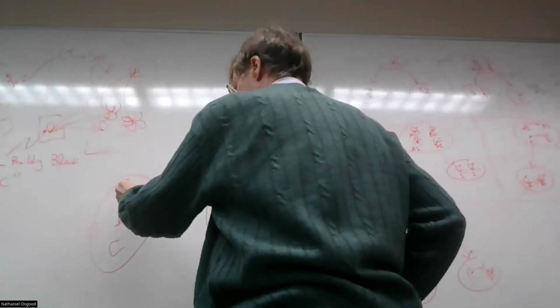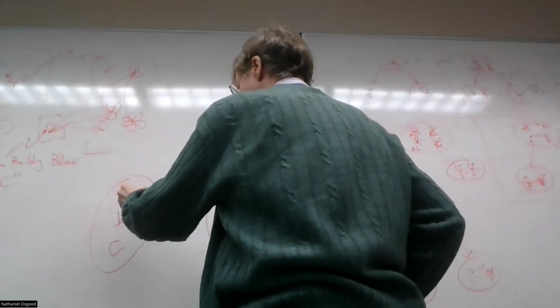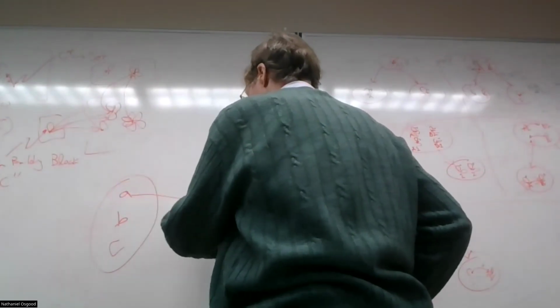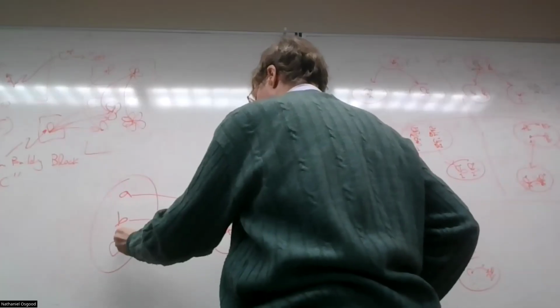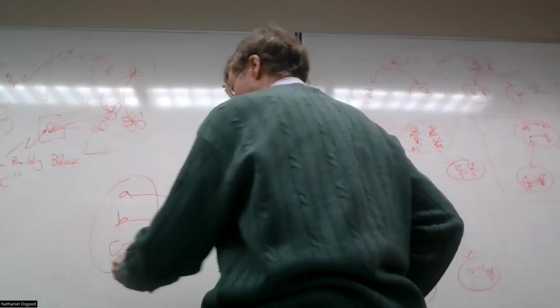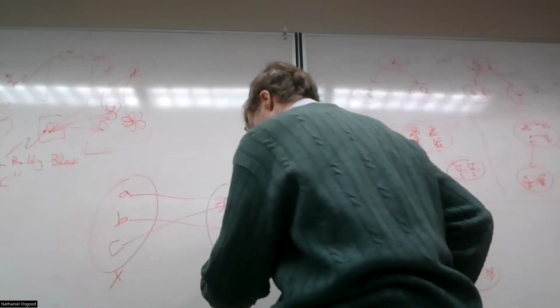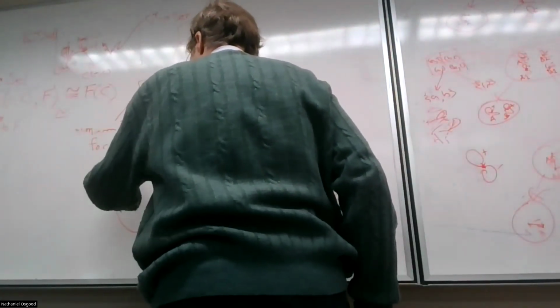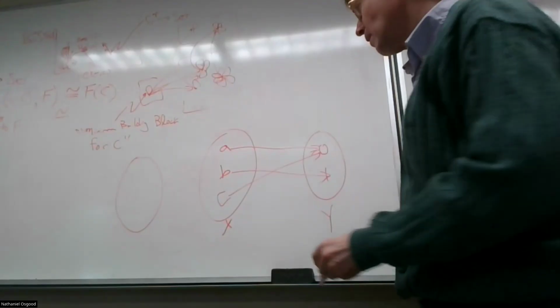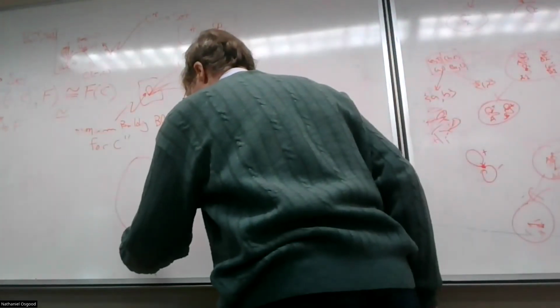And let's suppose that A maps to 0, B maps to 1, and C maps to 0. This is X, and this is Y. And I'm asking here, what is E?